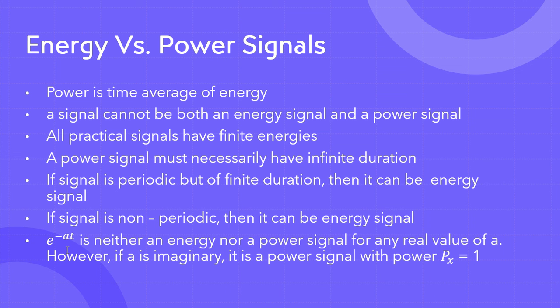If you calculate the energy and power of that signal, you will find that it has infinite energy. So that signal is neither an energy signal nor a power signal for any real value of a.